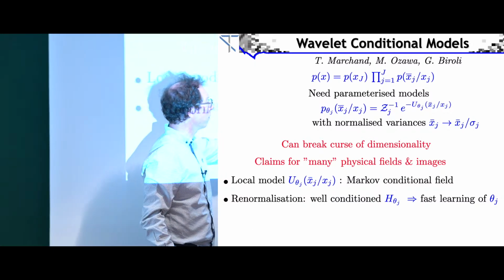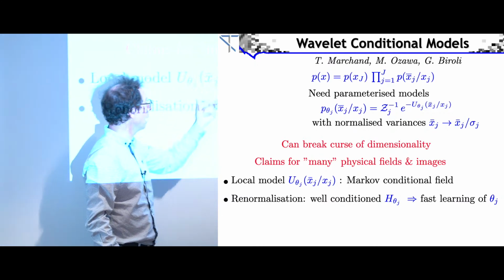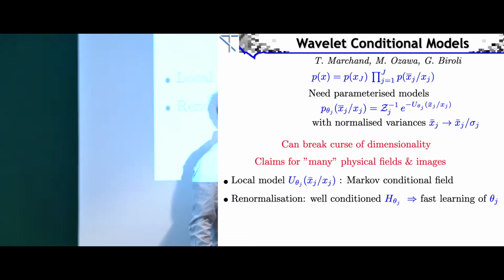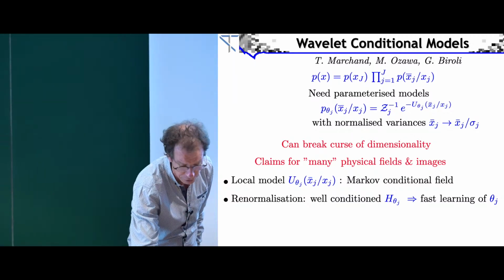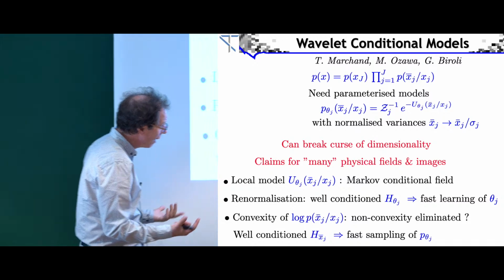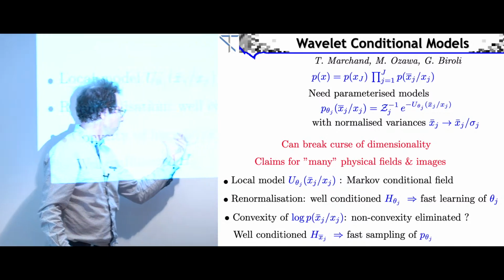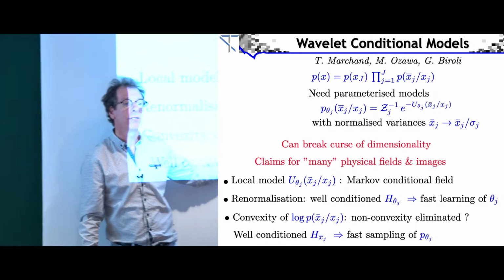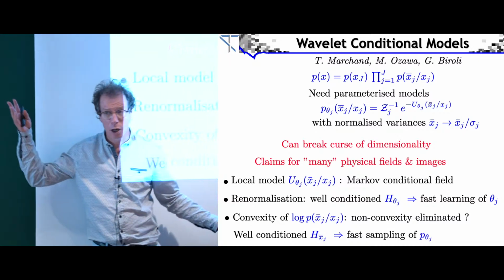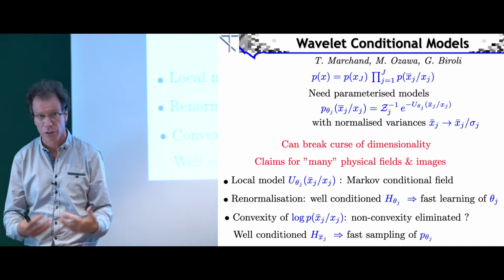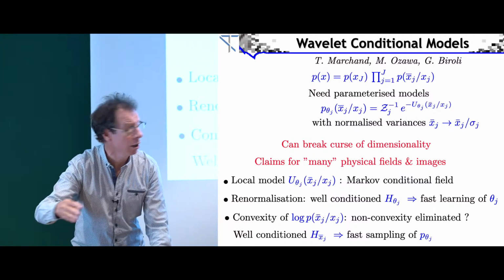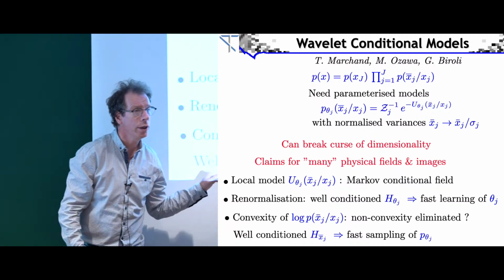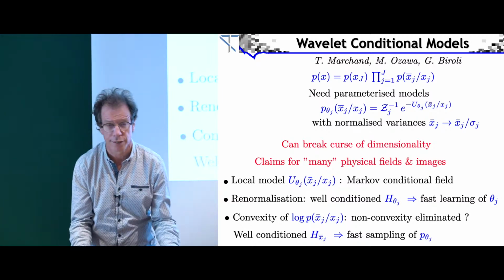These will only have short-range interactions. Thanks to the renormalization, we get Hessians which are well-conditioned, so that we have fast convergence. And often, we've observed, these log probabilities can even be convex, so that you have a well-conditioned and fast Langevin sampling algorithm. So these are the three elements that I'm going to try to show on different examples.